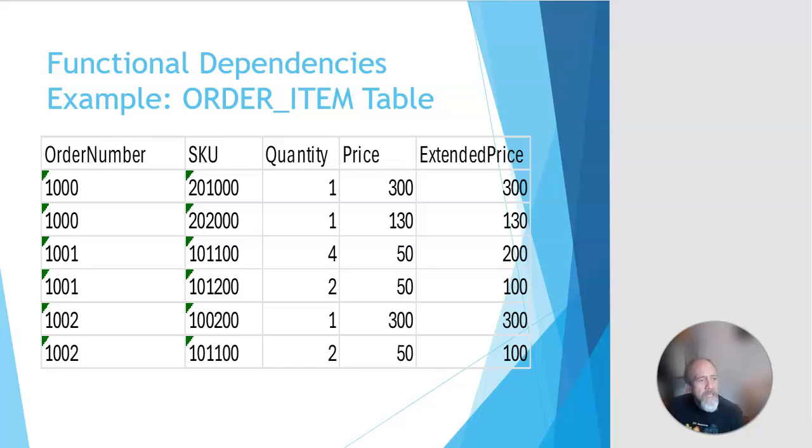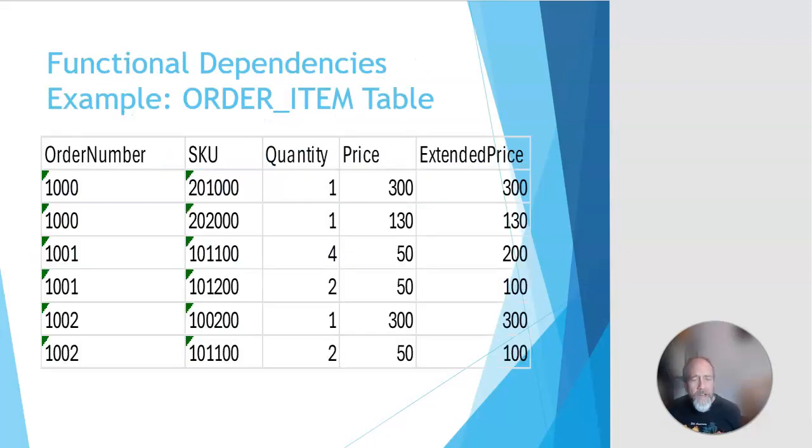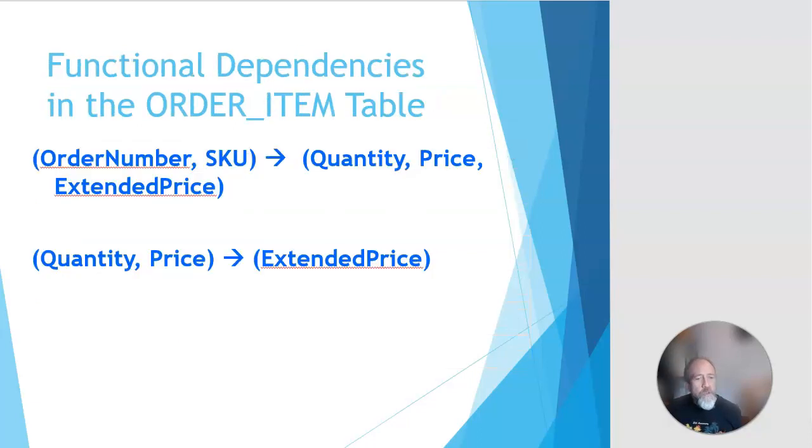So what are the dependencies? Well, if you know the order number and the SKU, you then know for this specific order the quantity, price, and extended price. But if you go backwards, you've also got another functional dependency: if you know the quantity and the price, you know the extended price. So you've got multiple of those.